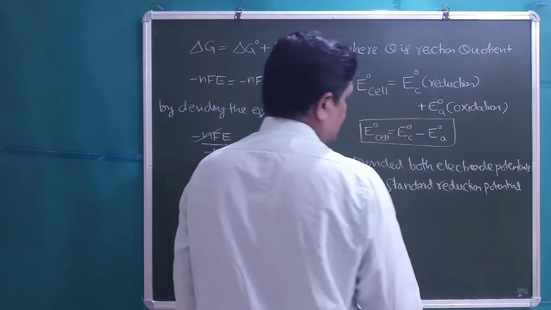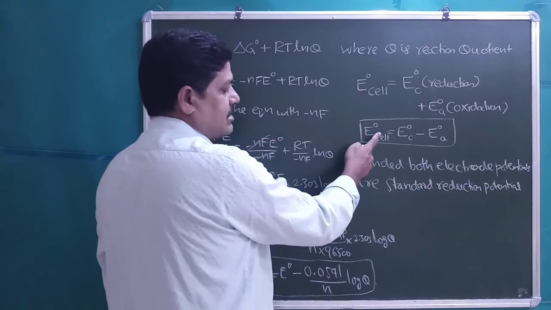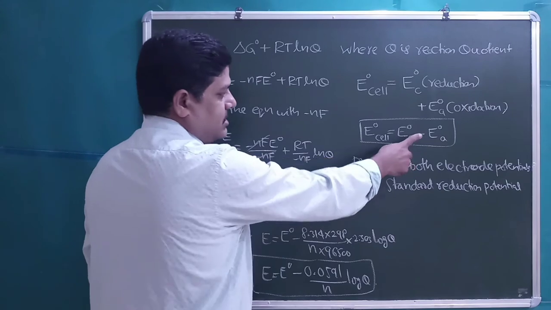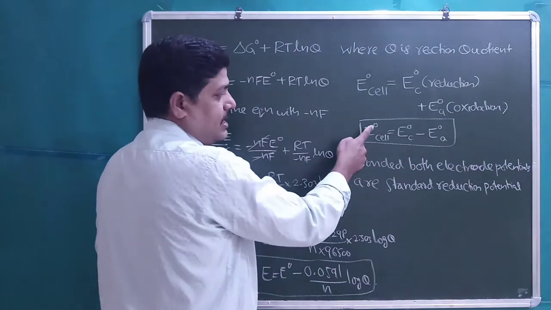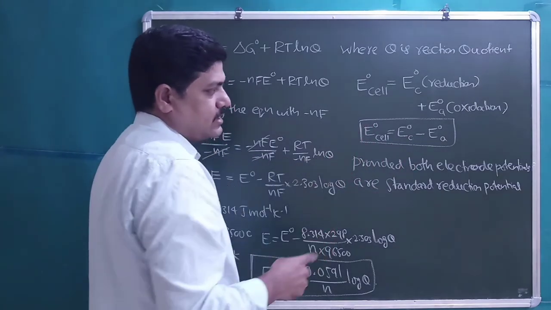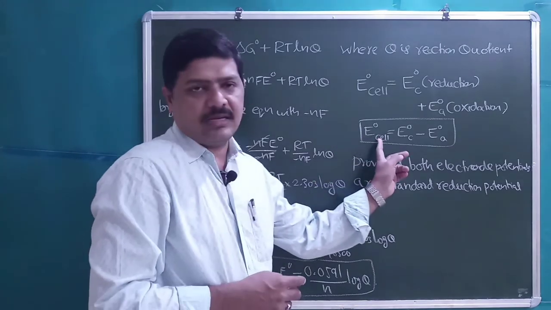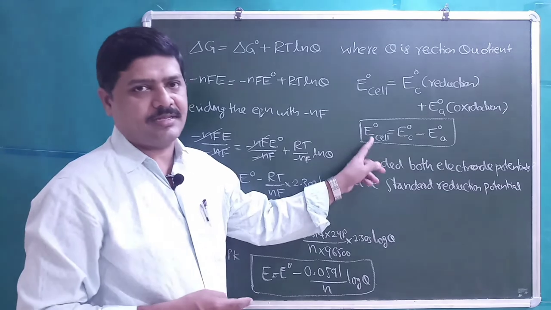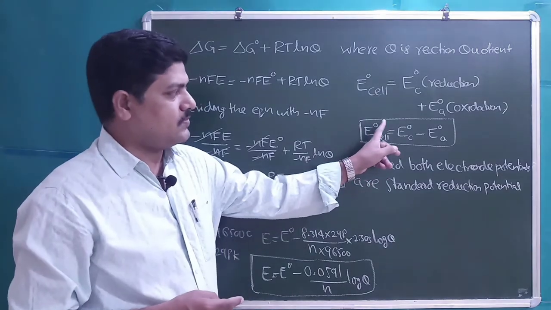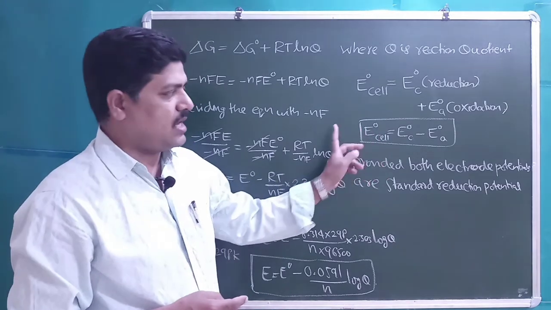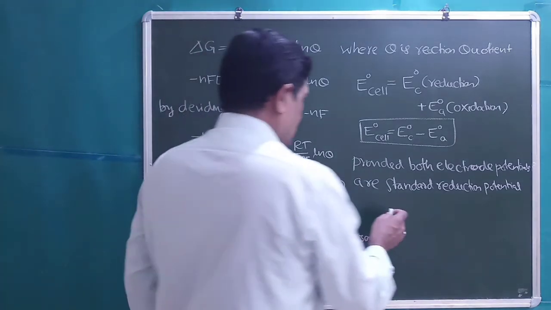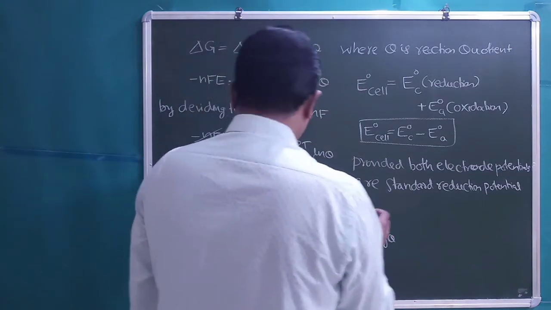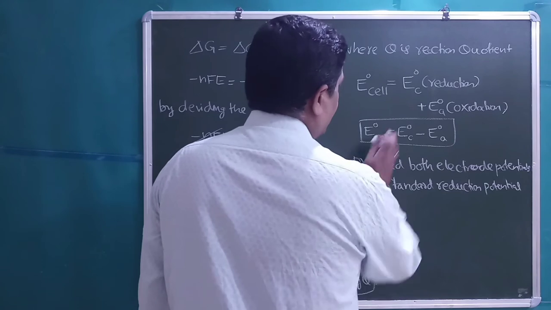Simply, students, we should use the formula E naught cell is equal to E naught cathode minus E naught anode to calculate the EMF of the cell at standard conditions. Standard condition means temperature should be 298 Kelvin, pressure is 1 bar, and concentration of the electrolytes should be 1 molar. Then students, what is the reaction quotient?